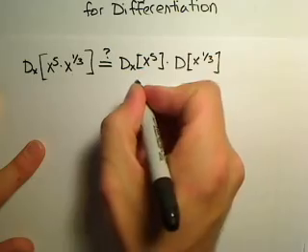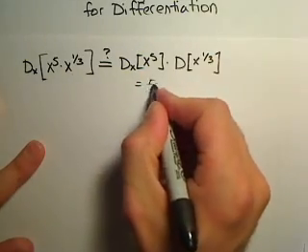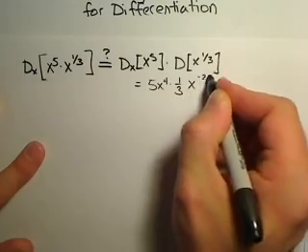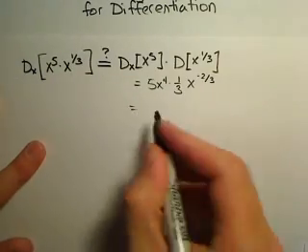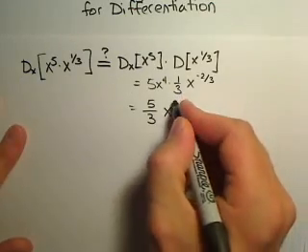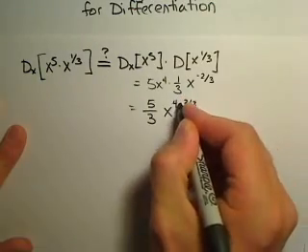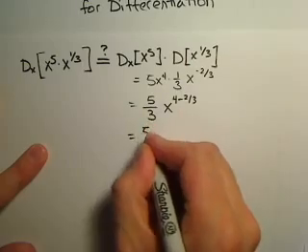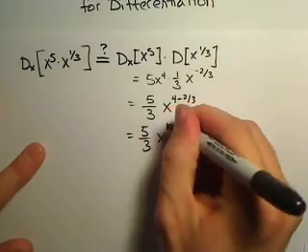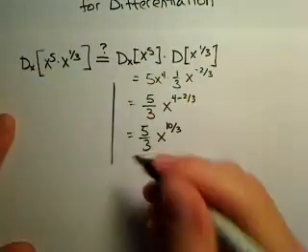Well, this left-hand side is 5x to the 4th times 1/3 x to the negative 2/3. Let's do our multiplications. That's going to be 5/3 x to the whatever 4 minus 2/3 is. So that's 5/3 x to the 12/3 minus 2/3, 10/3.